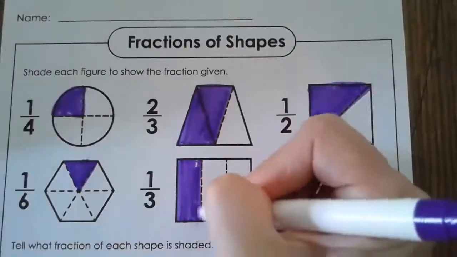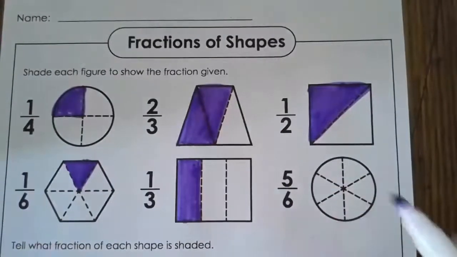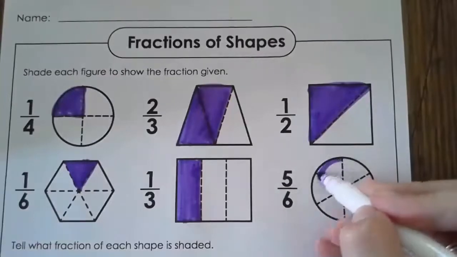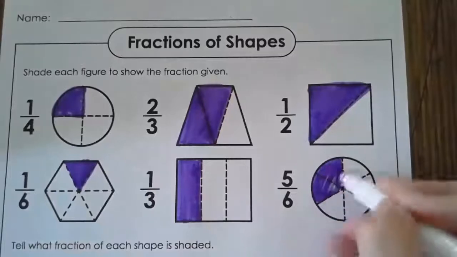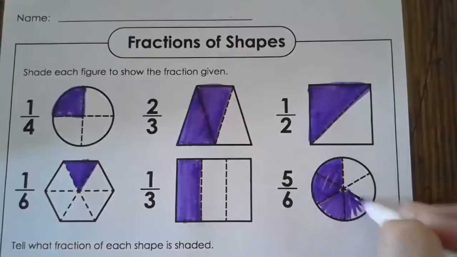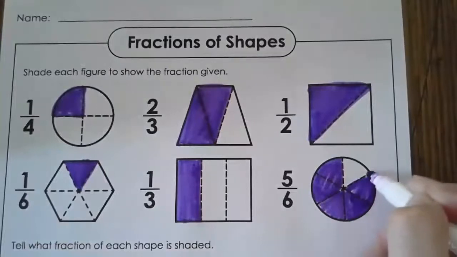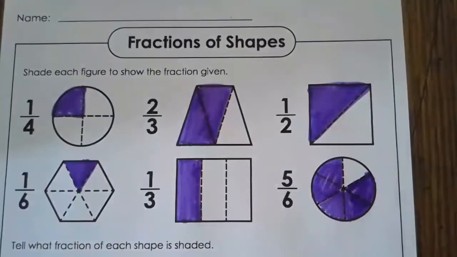And then in the last shape, we have a circle that's divided into 6 parts. We're going to shade 5 of the 6. 1, 2, 3, 4, and one more will make 5. Almost the whole shape is shaded, but not quite. 5/6 of the shape is shaded.